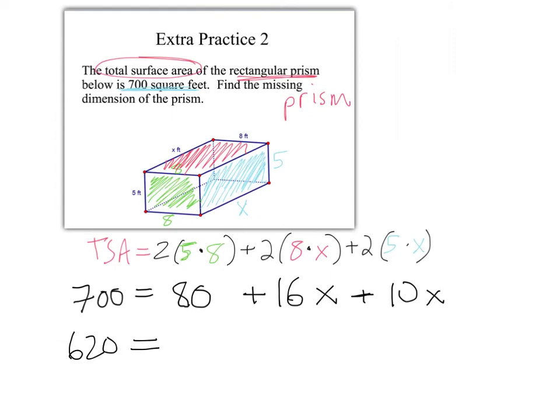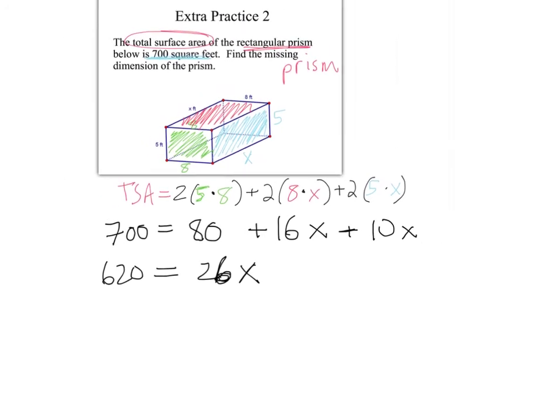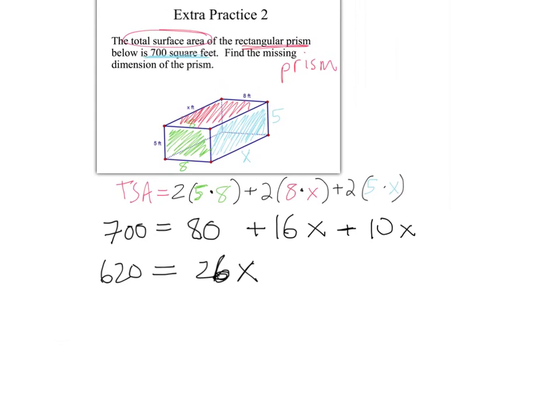Combining 16x plus 10x gives me 26x. And lastly, when I divide by 26, what do I get? Well, according to my smart calculator, 23.8 feet.